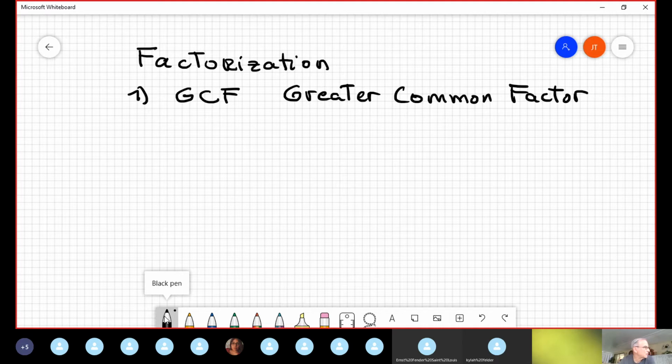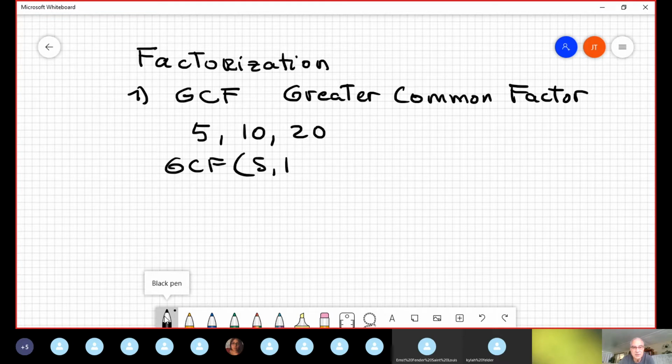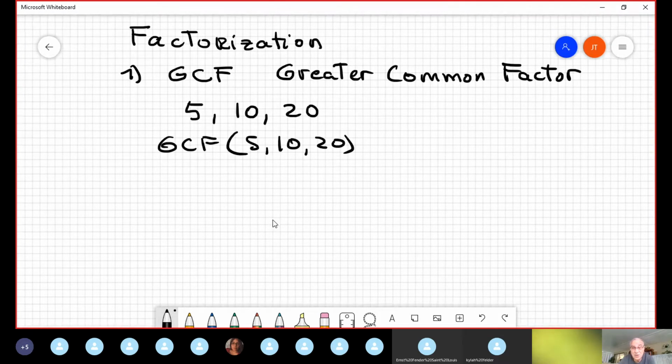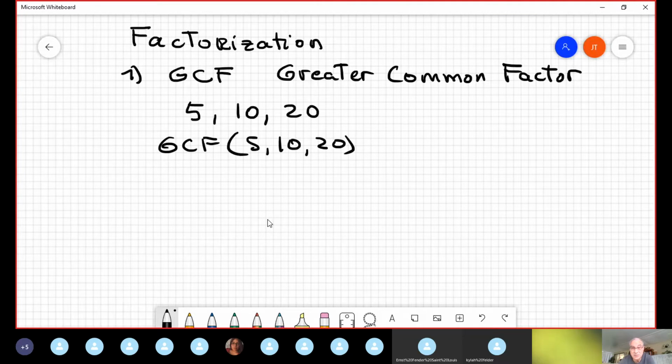Suppose I want to find the greatest common factor between 5, 10, and 20. Mentally we can predict the answer. What is the greatest common factor between 5, 10, and 20, in your opinion? 5. It's obviously 5.